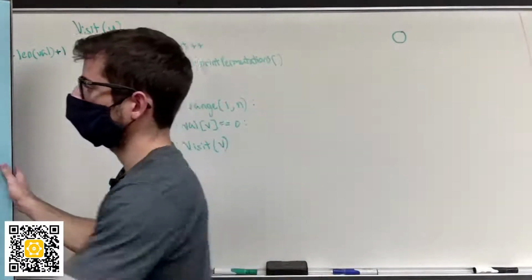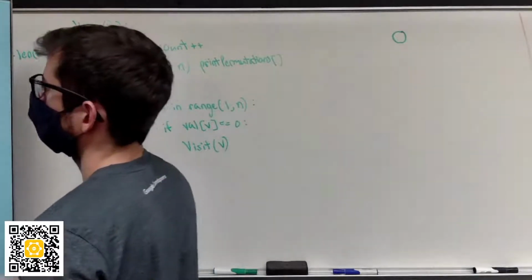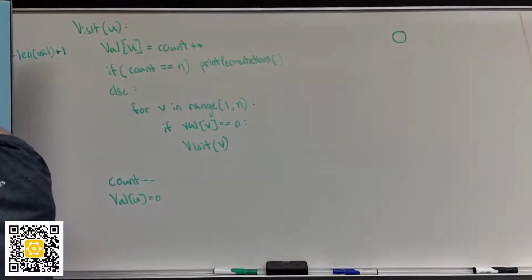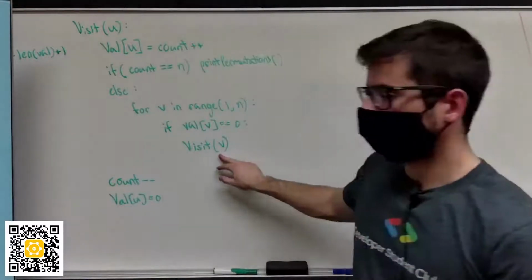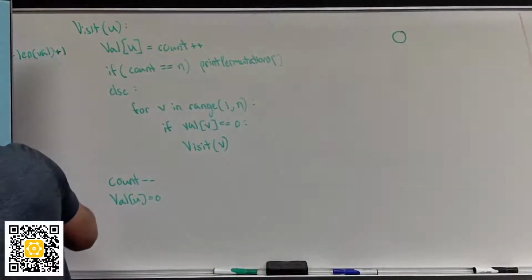So let's try that. Let's call this 4, I guess. Yeah, no. 2, because that's what v is currently set equal to. This count gets incremented to 4, and now our array is 1, 3, 2.